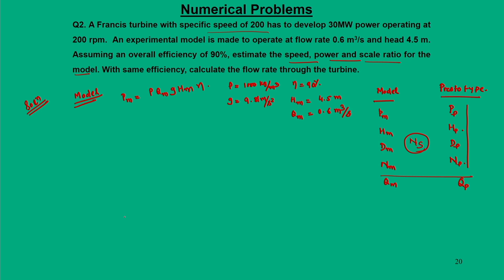So, from these things, and this power has to be in kilowatt, so you have to multiply by 10 to the power minus 3 kilowatt. So, by inserting these numbers we can find out power developed by the model is 23.83 kilowatt.